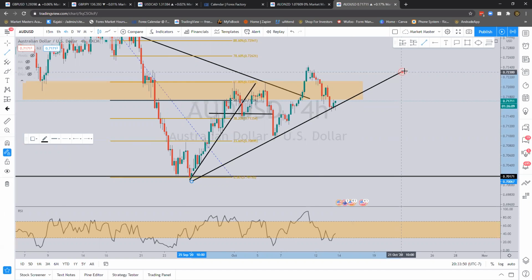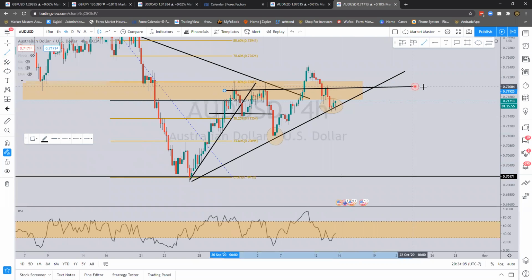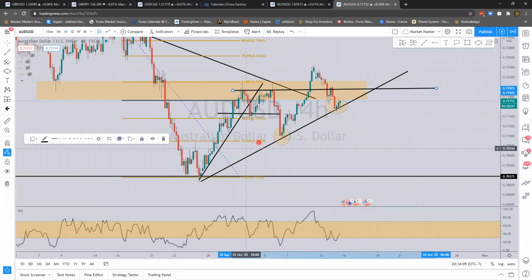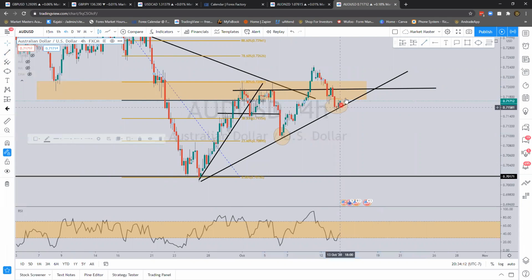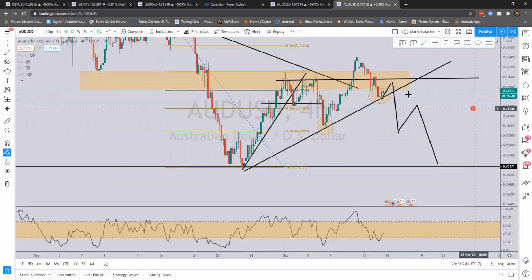Now it is reacting off of this area of support, but it should continue to drop. I don't think it should pass any higher than these points here from that resistance. So coming up probably a bit and then breaking through, continuing to drop down.